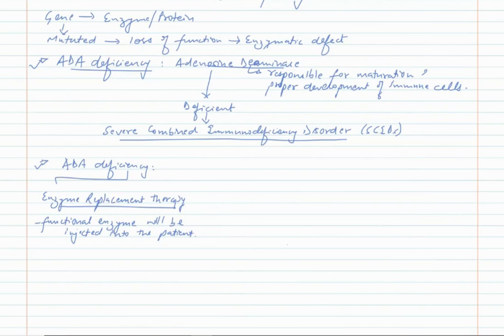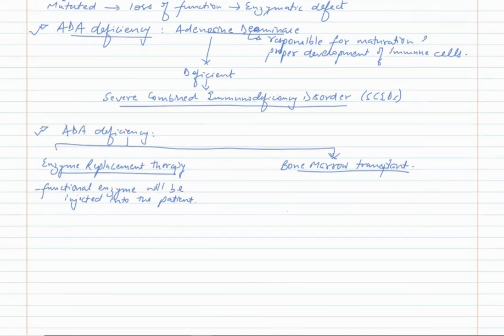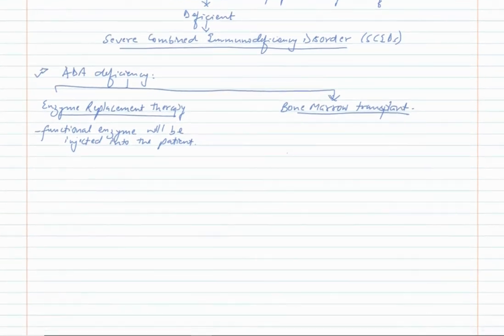The condition will not be cured, it will be treated, because this enzyme will replace the faulty enzyme. The next option we have is bone marrow transplantation. Since this enzyme is being produced by bone marrow, we can replace the bone marrow by transplantation and our problem will be solved.